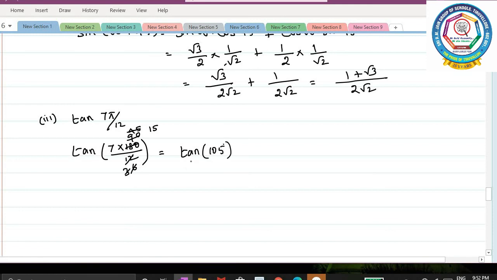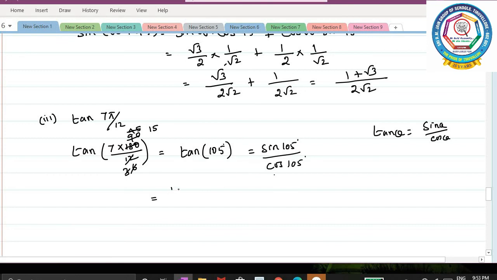So okay, here tan of 105. So tan theta can be written as sin theta by cos theta. Here also I am going to write sin 105 by cos 105, because I already got sin 105, cos 105.